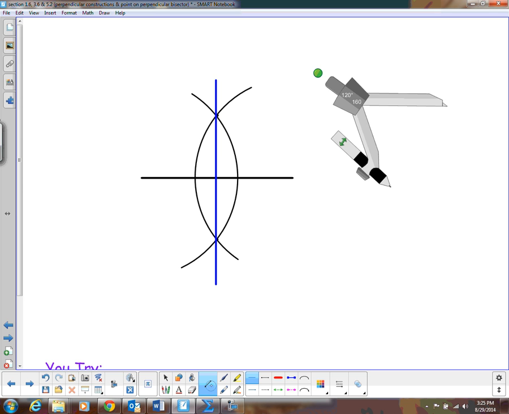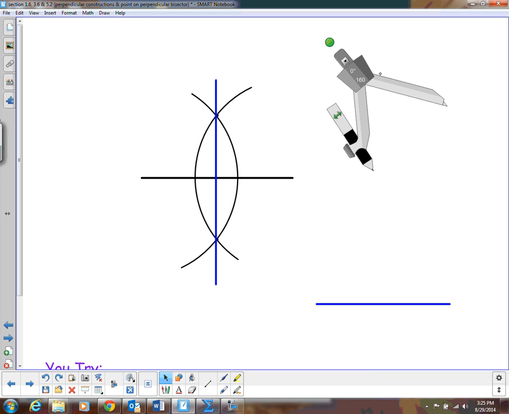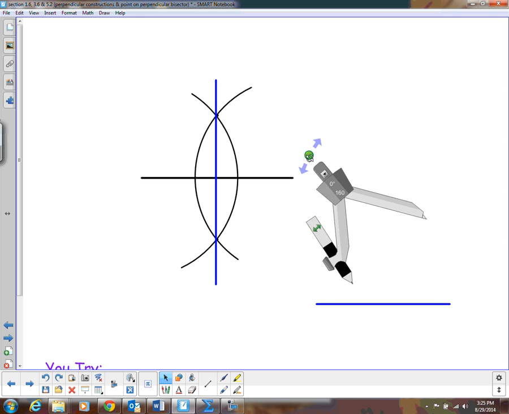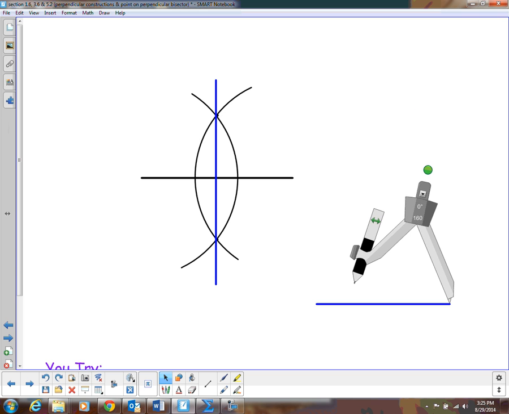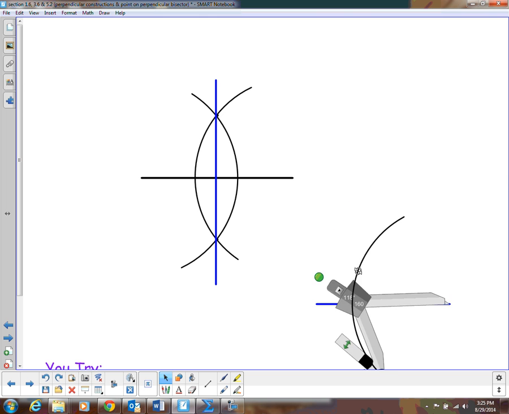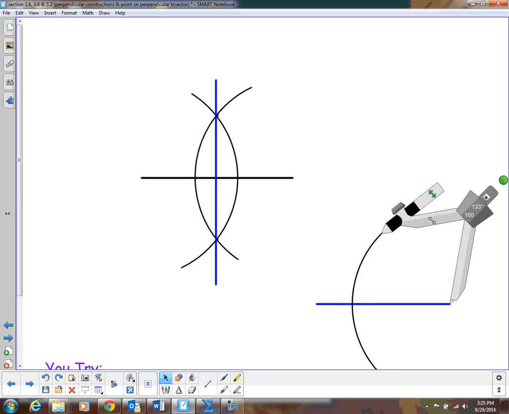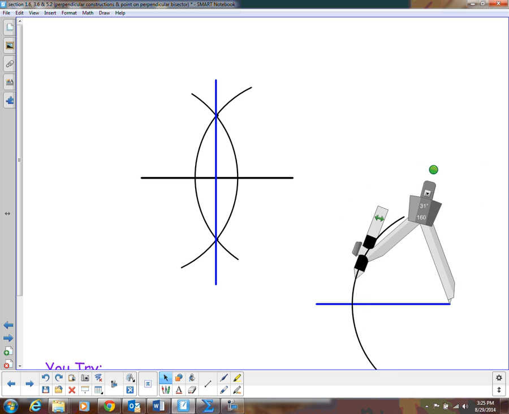All right, to do that one more time, I've got a segment. You put your compass point. Let me get my tool back. All right, rotate. I'm going to take my compass and put my compass point on one end point of my segment. I need to make sure that the opening is over half. If it's not, then you won't get that intersection. Make a nice big arc, making sure that I do not change the compass opening.